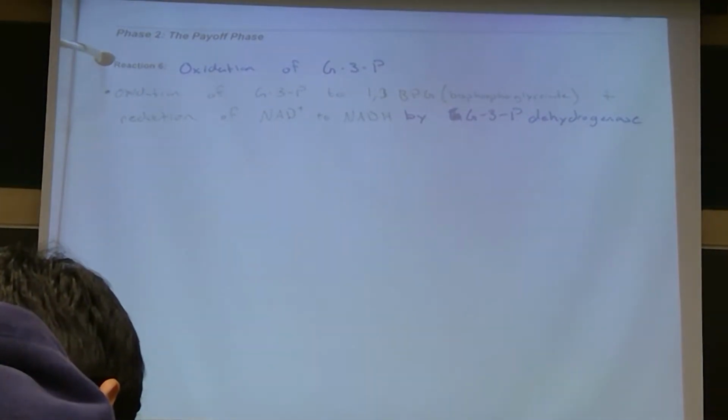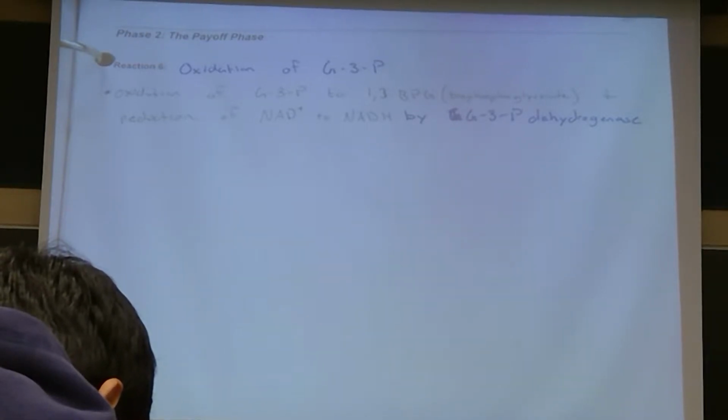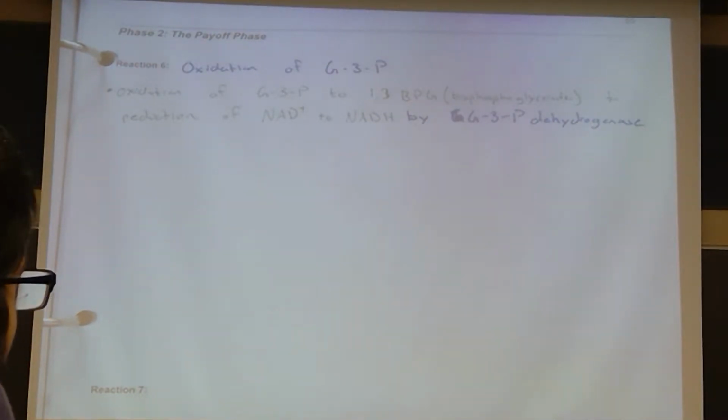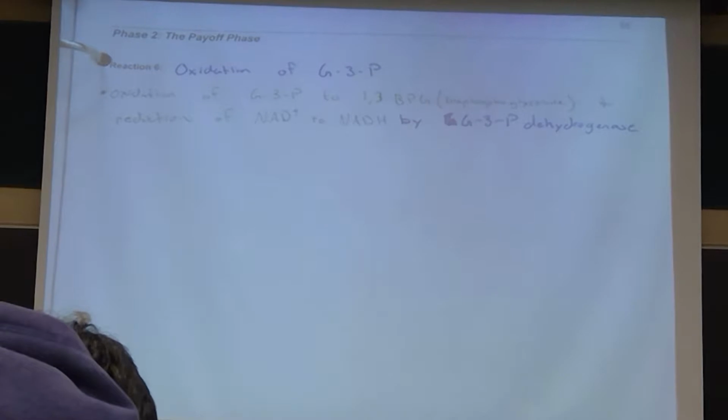What class of enzyme is this? What class of enzyme? Oxidoreductase. Those are enzymes involved in redox reactions. It's an oxidoreductase. Oxidoreductase is a broad name for all different enzymes, right?